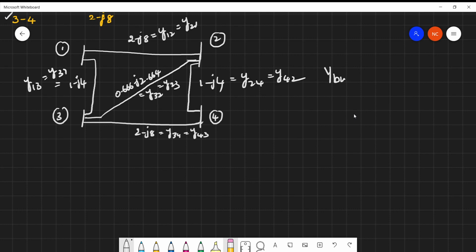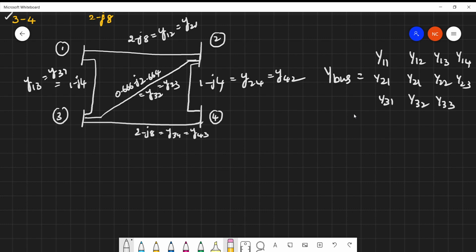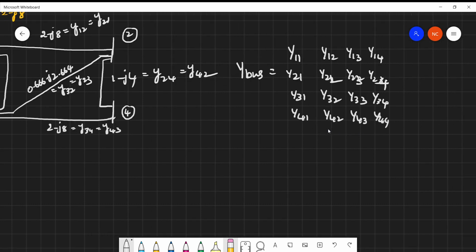Here the Y bus is of size 4 by 4 because we have 4 buses. The matrix will look like this: Y11, Y12, Y13, Y14. Similarly, the remaining elements: Y21, Y22, Y23, Y24, Y31, Y32, Y33, Y34, and Y41, Y42, Y43, Y44. So this has to be our Y bus.